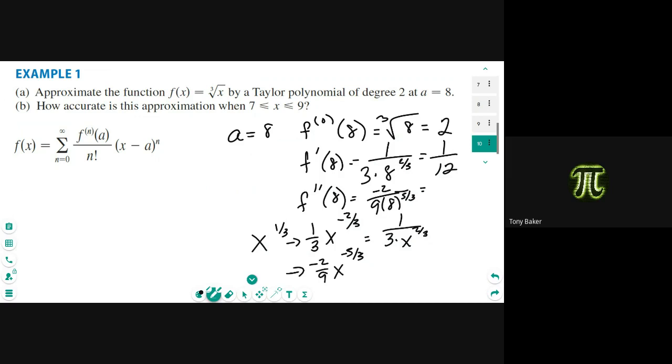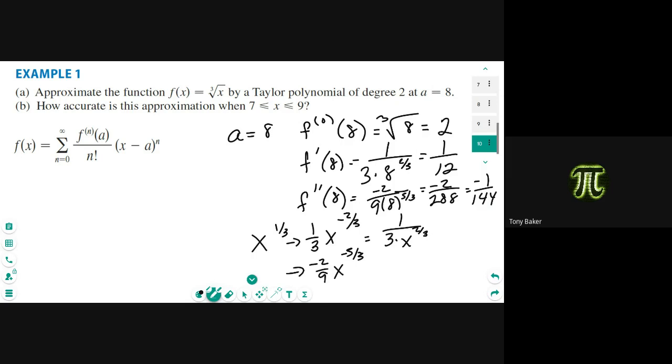The cube root of 8 was 2. 2 to the 5th is 32. You should know 2 to the 5th. 32 times 9, you're probably not going to know off the top of your head. It's negative 2 over 288, which is negative 1 over 144.